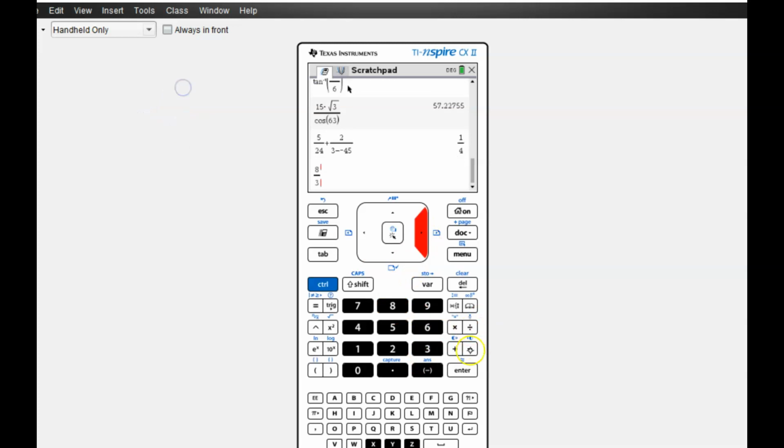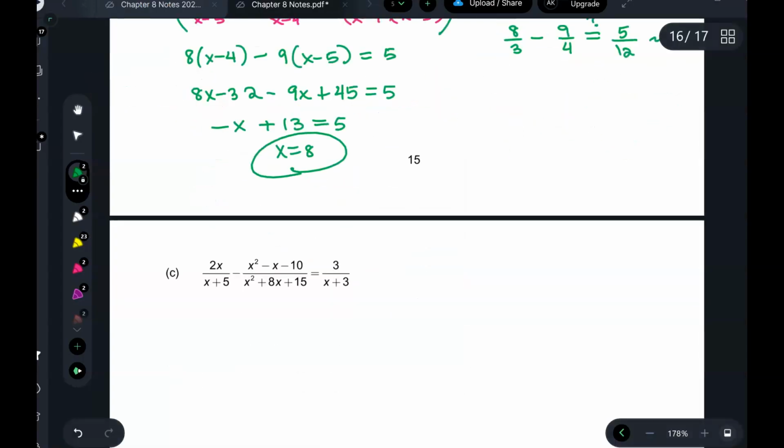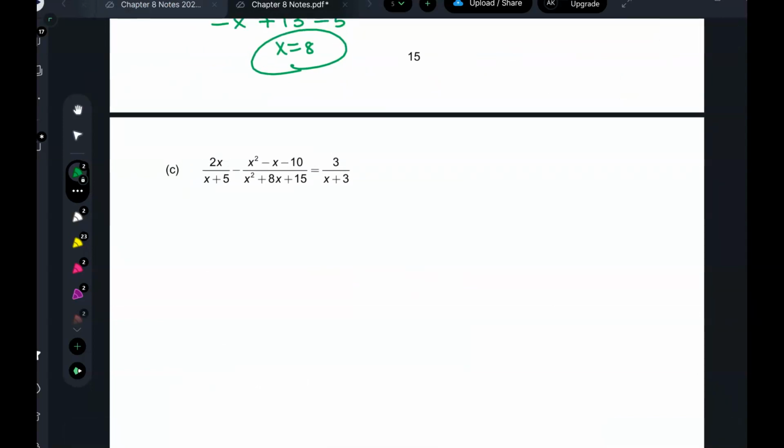Does it work? Yeah. We get 5/12. Good. So check.